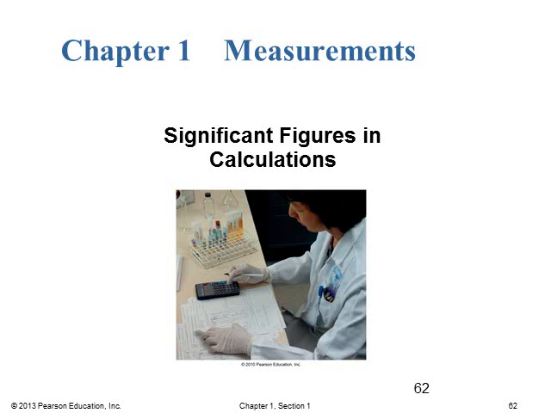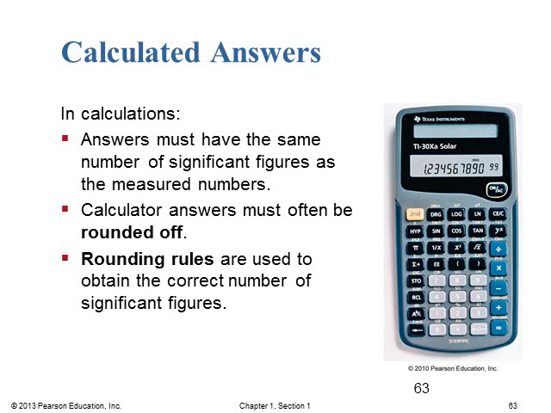So in this part of the chapter, we're going to go over how we can determine how many significant figures we're allowed to report in our final calculations. And so answers in our calculations and our final numbers must have the correct number of significant figures we're allowed to report.